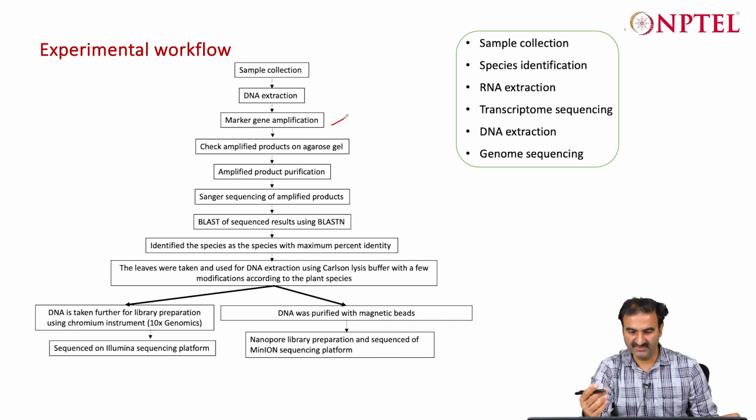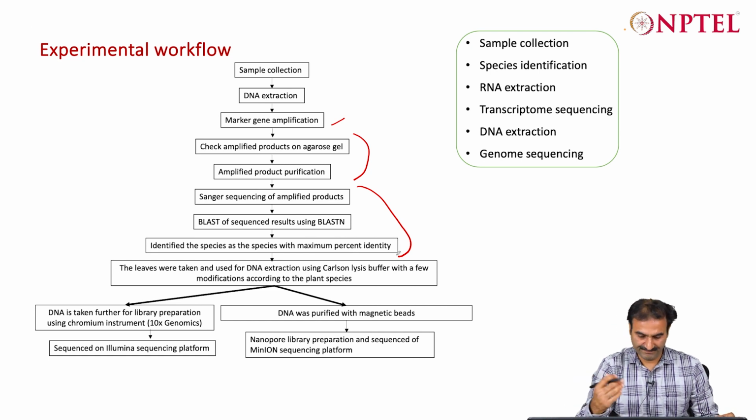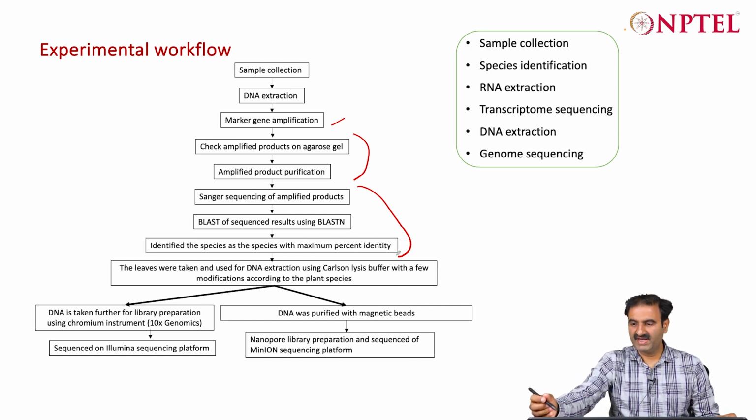Then the DNA is purified, washed and quantitated, and you can go for the species identity first by using the Sanger method, and later on using next generation and third generation sequencing technologies to generate the data. These are the main steps: sample collection, species identification, RNA extraction, DNA extraction, and sequencing of the transcriptome and genome.